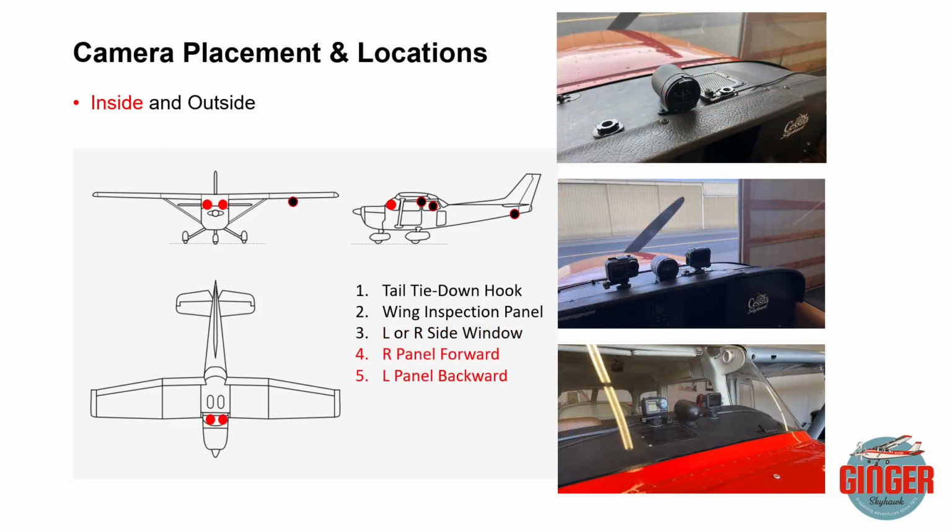Another location that is really fun and I like having, as long as they're mounted low and out of my eyesight, is the glare shield mounts. Now I have two. I have one on the right side and one on the left. The mount on the right side is for looking forward. The mount on the left side is for looking back into the cockpit.